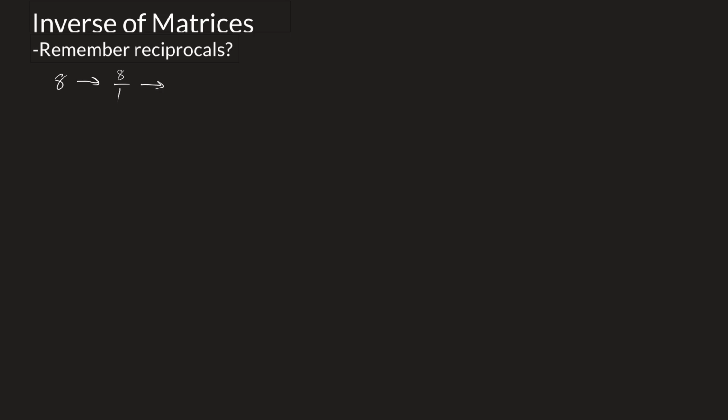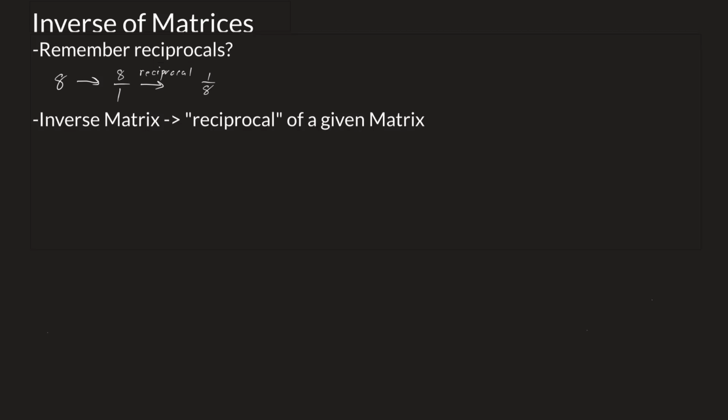The reciprocal becomes 1 over 8. It's as easy as that. We take it and then we flip it around. With that being said, the inverse matrix is the reciprocal of a given square matrix, or a given n by n matrix.